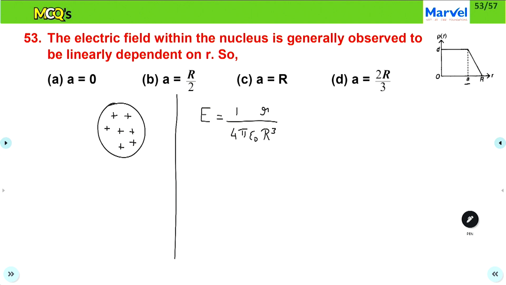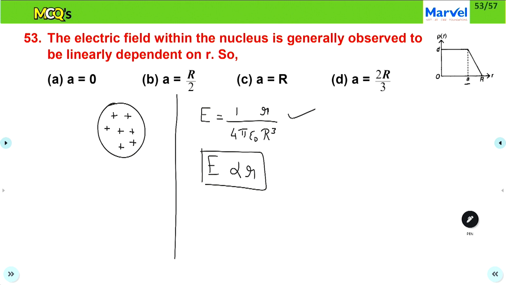So what I understand from this is the electric field is directly proportional to r, from this equation. Actually, CBSE and state board students might wonder what this is. This is the electric field inside a non-conducting uniformly charged sphere.